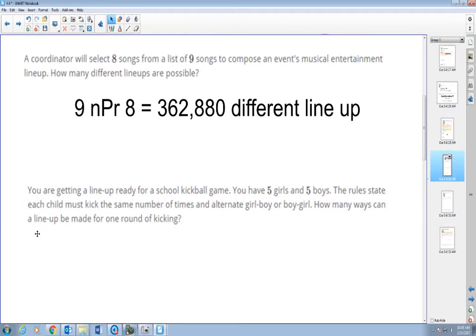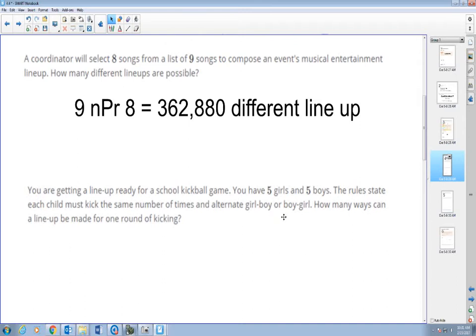So how many ways can the lineup be made for 1 round? Hang on a second. If I do a girl, boy lineup, there's a girl first, then a boy, then a girl next, and a boy.